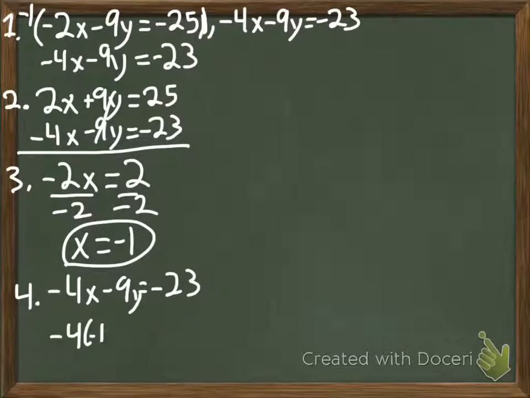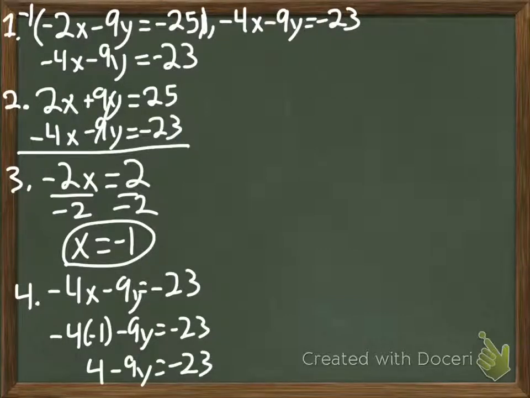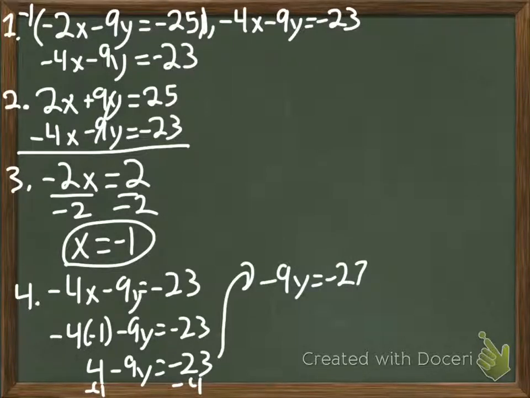Substitute in for x and solve. So we get 4 minus 9y equals negative 23. Subtract 4. It's going to get a little bit cramped, so I'm going to move it up here. Negative 9y equals negative 27. Divide by negative 9. We get y equals 3.